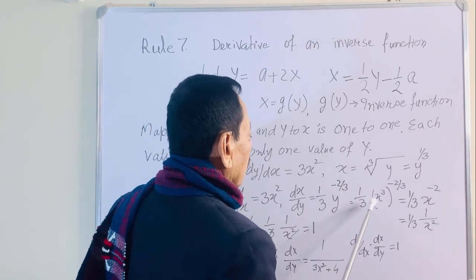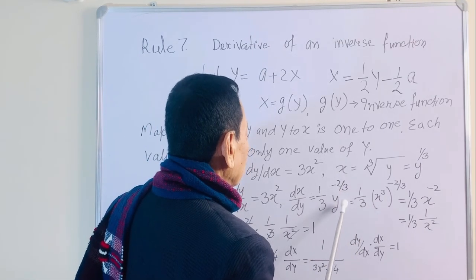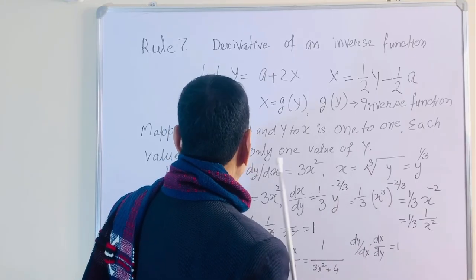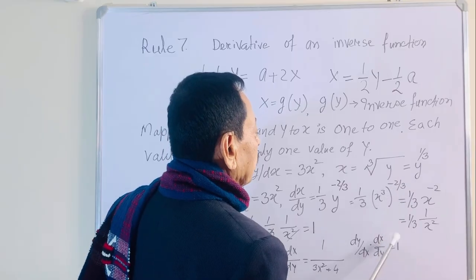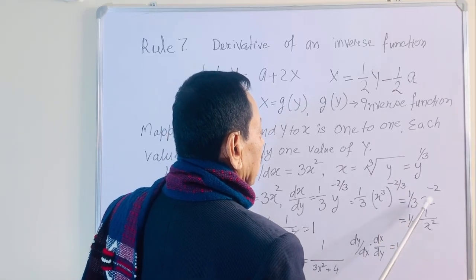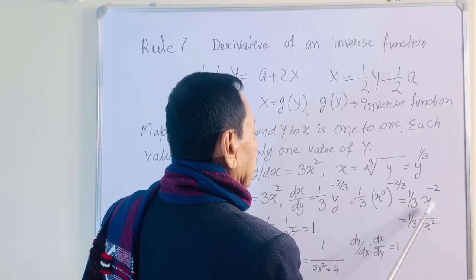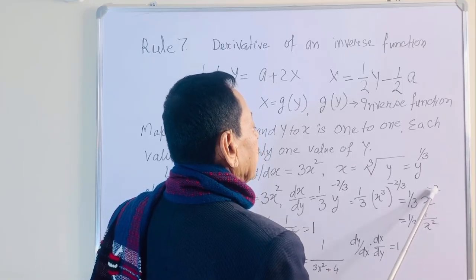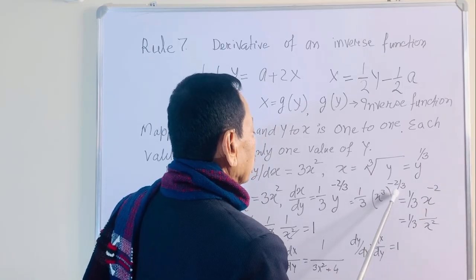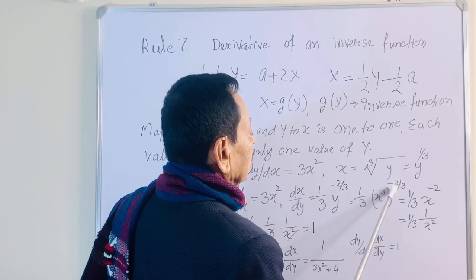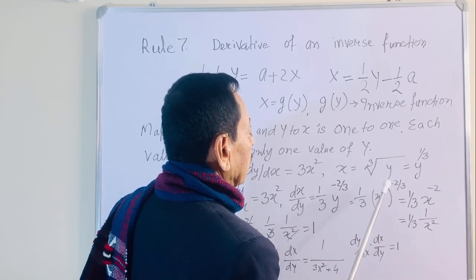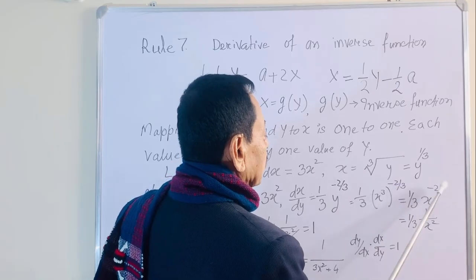For y you can write x cubed, because y is x cubed, to the power minus 2 by 3, and this is nothing but 1 by 3 x to the power minus 2, because when the power is 3 and again to the power minus 2 by 3, when you multiply, this becomes minus 2.